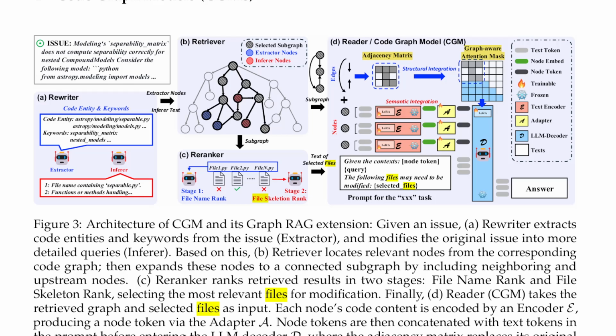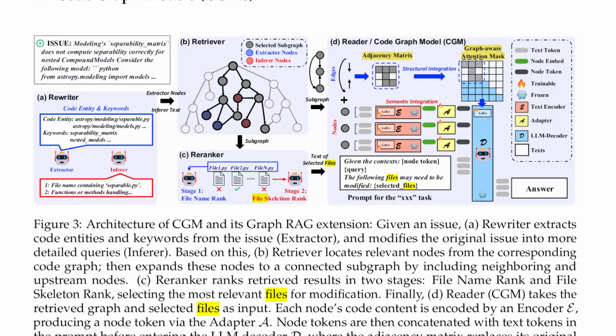That sounds really important for efficiency. And finally, the reader, the CGM model itself, gets all this curated information. What does it do? The reader, our actual CGM, receives 2 crucial inputs based on the re-ranker's output. First, it gets the retrieved and re-ranked subgraph, presented as those special node tokens we discussed earlier. This gives it the global structural understanding of the relevant context. The graph view. Exactly.